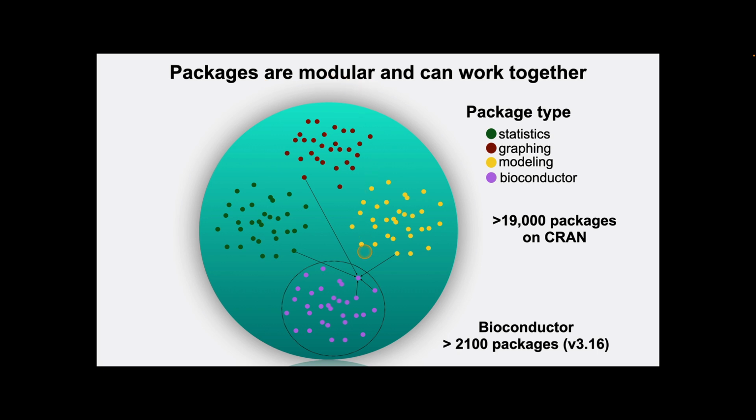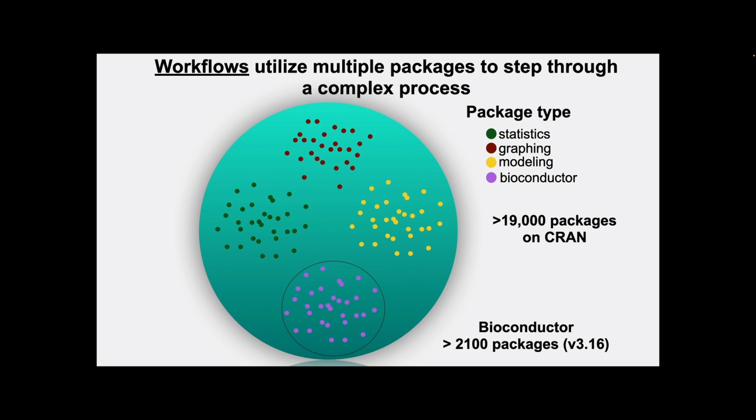They can work together. In addition to this modularity, packages within the R programming language can also be chained together to form workflows. And this is a really cool way to utilize multiple packages to step through an otherwise complex multi-stage process. So for example, maybe we have a bunch of data and we have to filter and carry out a number of statistical operations before we actually want to carry out differential gene expression.